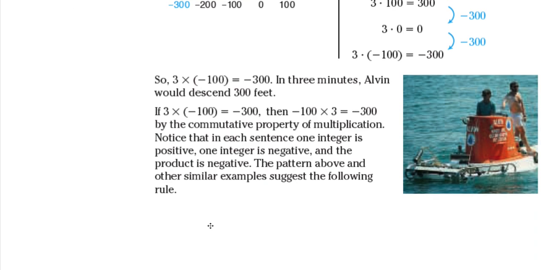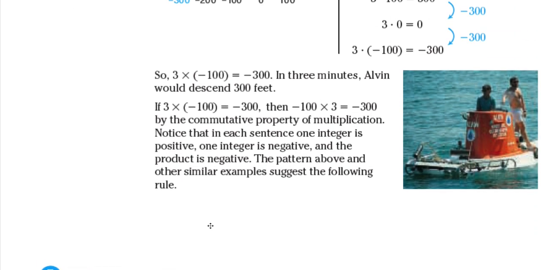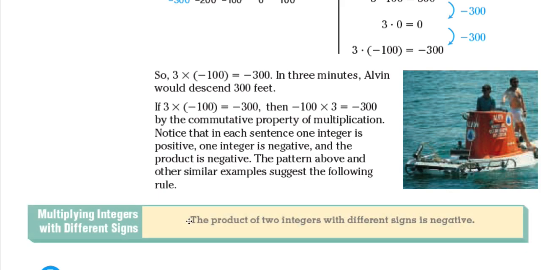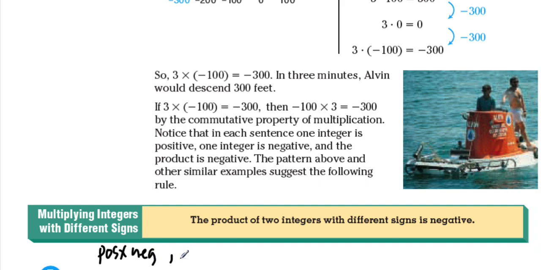The pattern above and other similar examples suggest the following rule in multiplying integers: the product of two integers with different signs is negative. What it's simply saying is this: if you have a positive multiplied by a negative, or a negative multiplied by a positive, the product will always be negative.